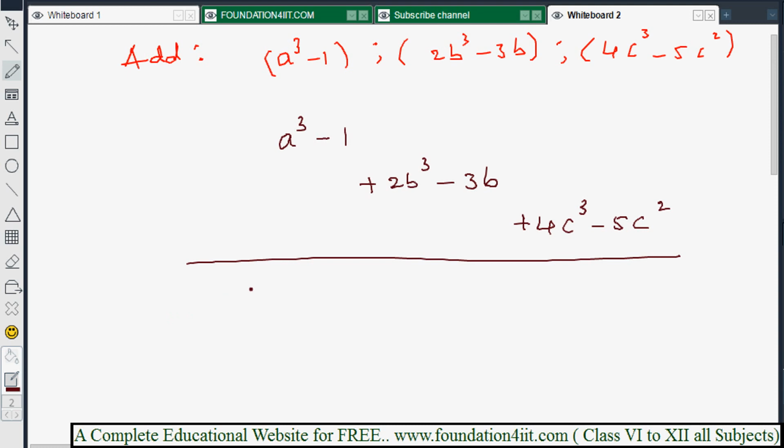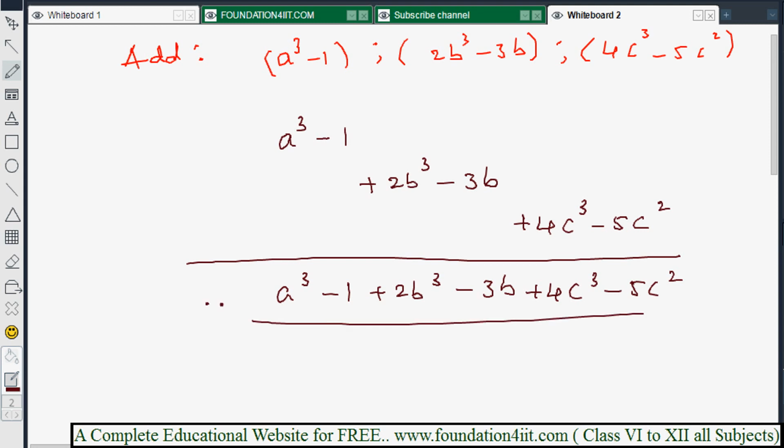Therefore the solution is a cube minus 1 plus 2b cube minus 3b, because there are no like terms, right? So I am writing as it is, 4c cube minus 5c square. That's it. So the required sum is a cube minus 1 plus 2b cube minus 3b plus 4c cube minus 5c square.